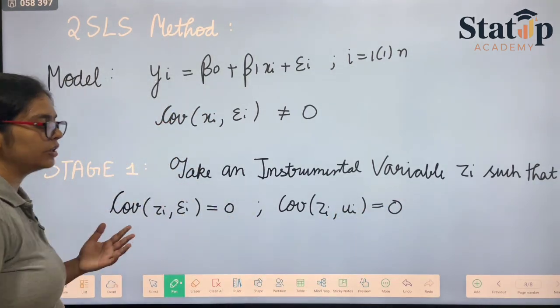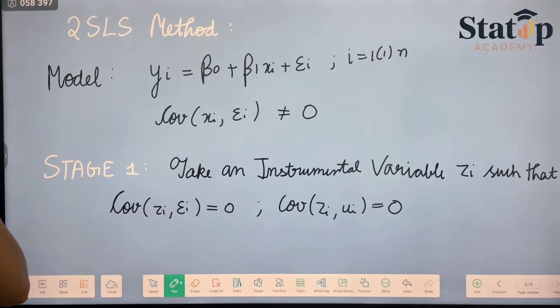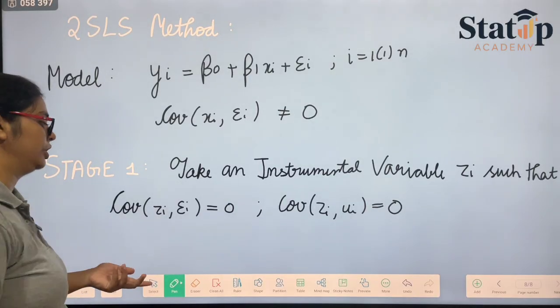So we will take both the error terms, and the covariance between the error terms and this instrumental variable should be equal to 0 to remove the problem of endogeneity.